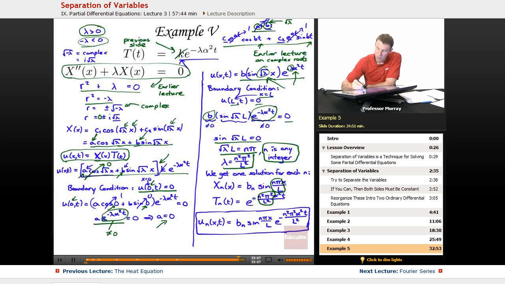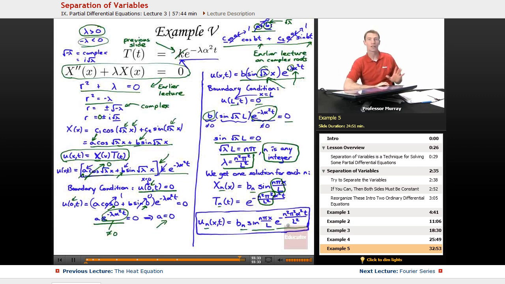When we multiply those together, I'm putting subscript n's here because remember we're getting different solutions for each value of n. So we're going to have a whole bunch of solutions here. We have B sub n times the x part times the t part. So that's our solution to the partial differential equation that also satisfies both boundary conditions.